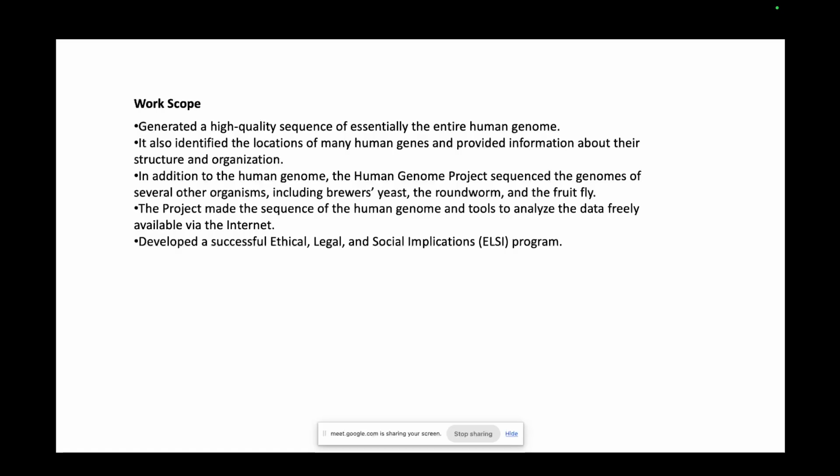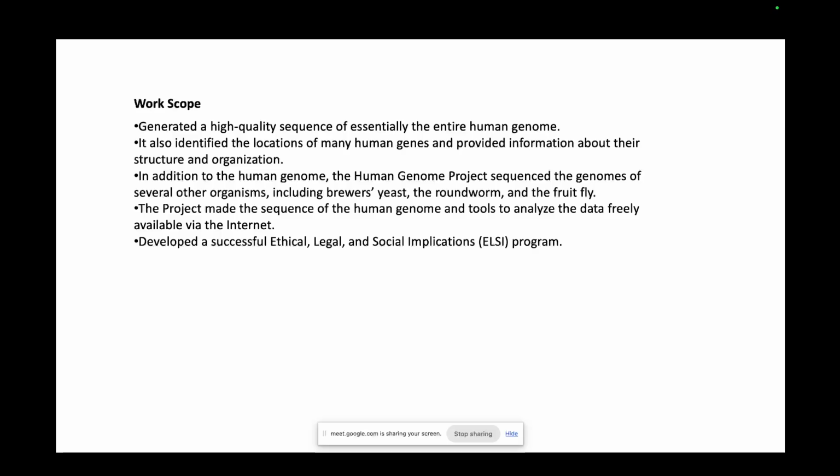The rest of the genome was too complicated to get resolved at that time, as I was saying about the telomeric regions, the duplicated regions, and the centromeric regions, etc. Also, it sequenced other organisms like yeast, roundworm, fruit fly, etc. And this data was published in the Science journal, and it gave free access to the first reference of the human genome, so that people could use it in research.